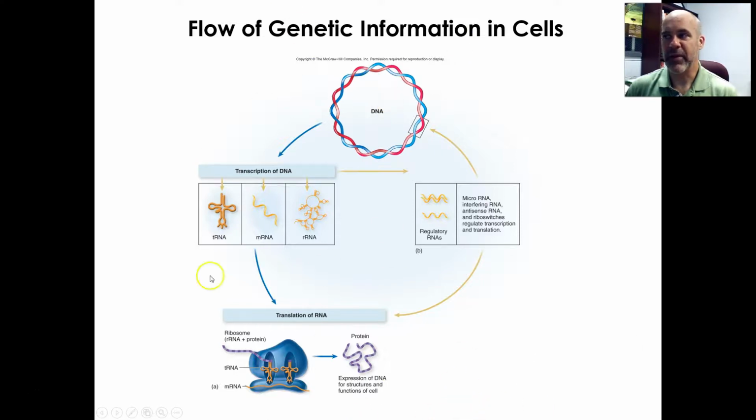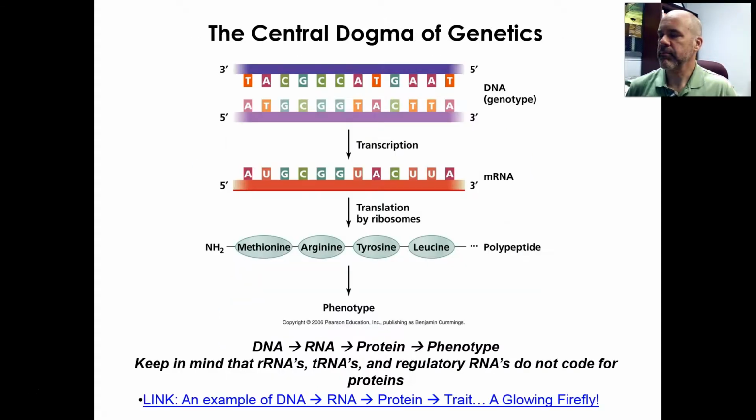So you don't want to go through these complex processes in order to make that particular enzyme. So in some instances, regulatory RNAs get involved in whether or not you're actually reading a gene and using it as a source of information for producing a protein. That's what genetic regulation is all about. And we will talk about that a little bit more as we get into the chapter.